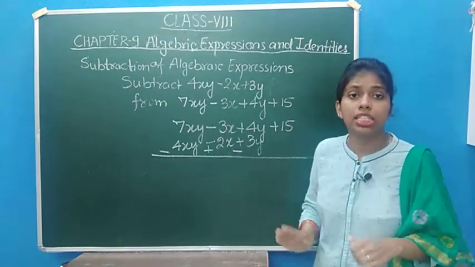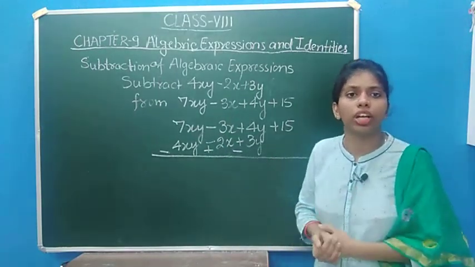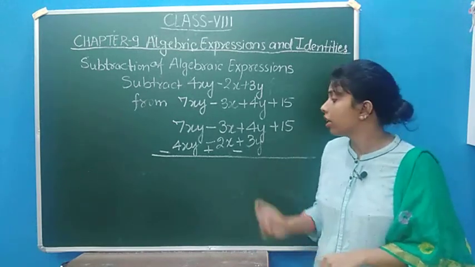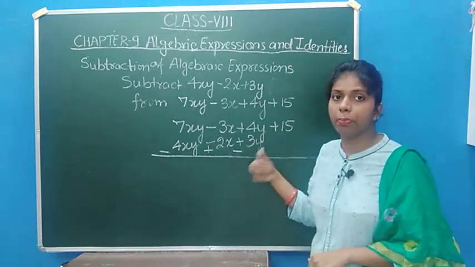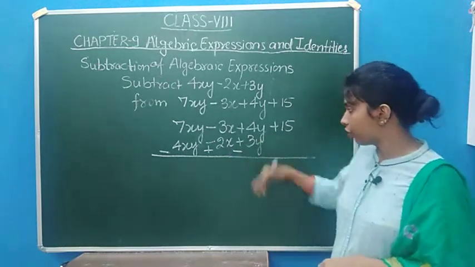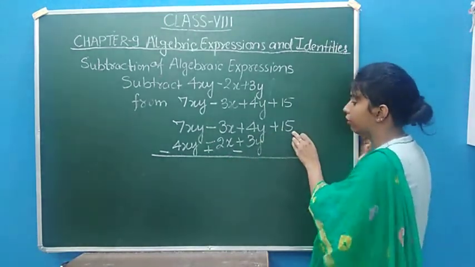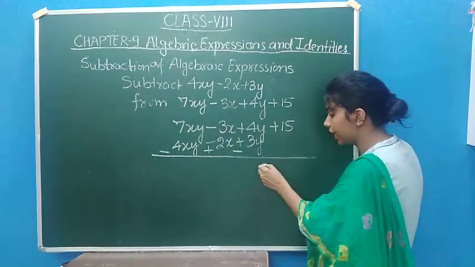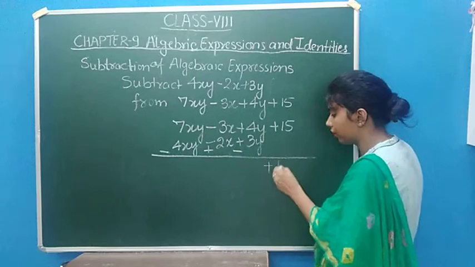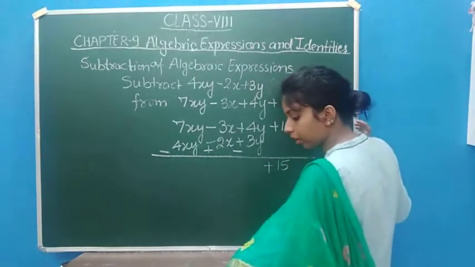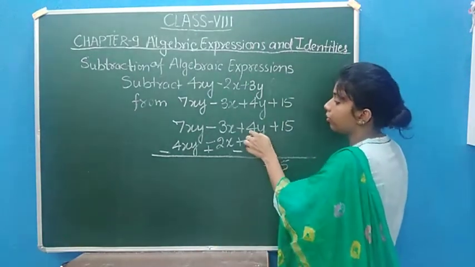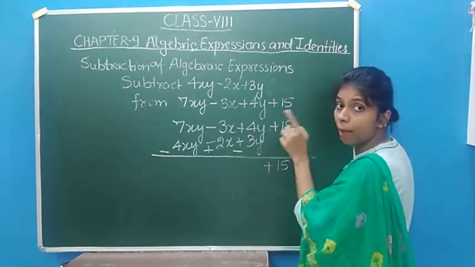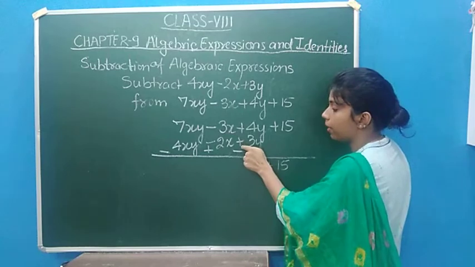After that it is the same as addition. After changing the sign we have to add them, but with the new sign, not the previous sign. Here we have 15, and 15 is going to be added with nothing, so we get plus 15 only. After that we have plus 4y and minus 3y. You have to notice this: I'm not taking the previous plus sign.